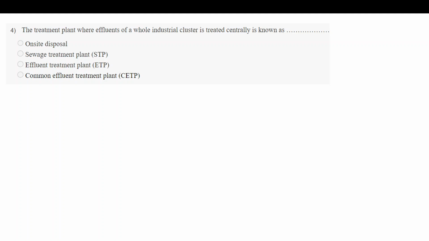So there is a common zone where wastewater from all the small scale industries of a particular industrial sector is collected and treated, which is known as a common effluent treatment plant.